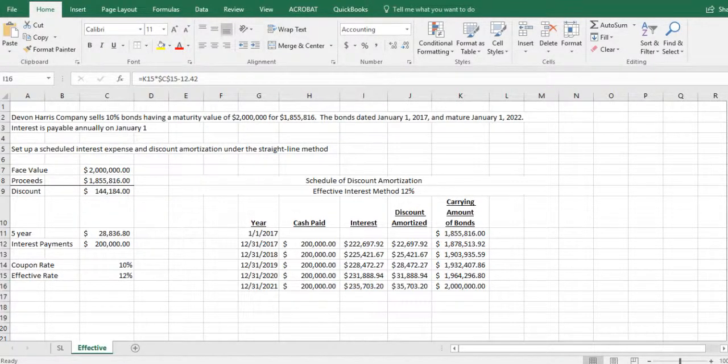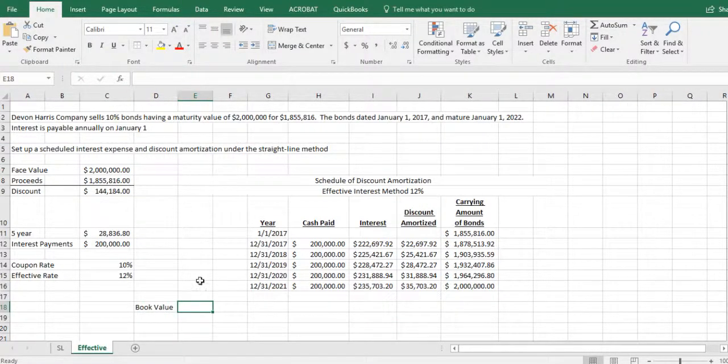So how it works is we have book value, which is also carrying value, every period. Now, we need to determine how much interest to recognize.